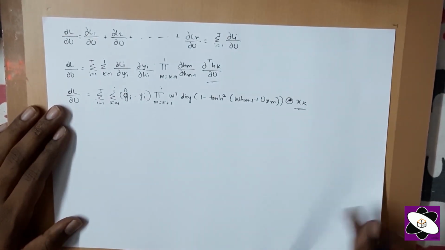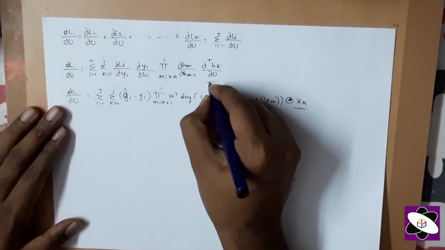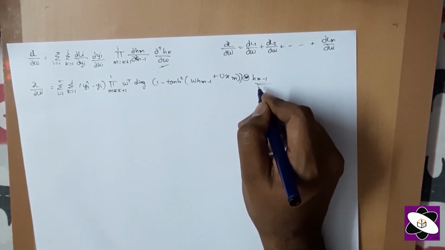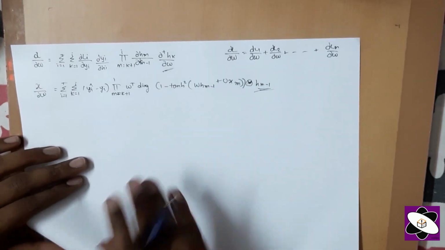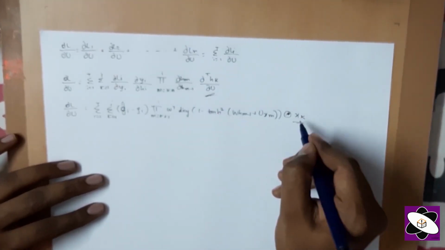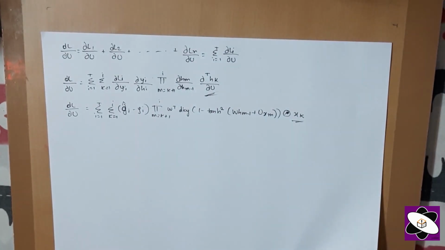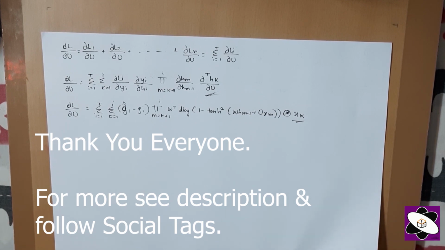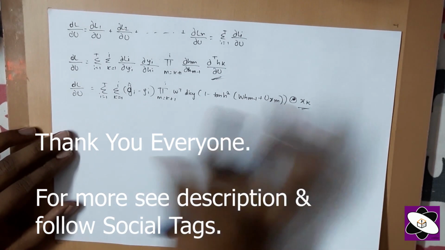Here the change, as you can see, is that here it was dW and here it is hk minus 1. Other than that it is mostly similar. So this is the final optimum, after doing some calculation, optimizing and solving, we will get like this.